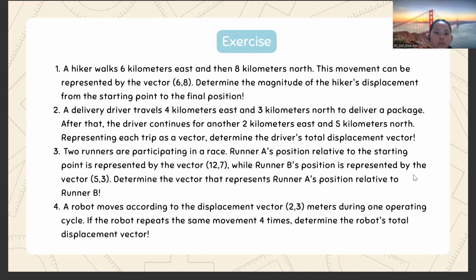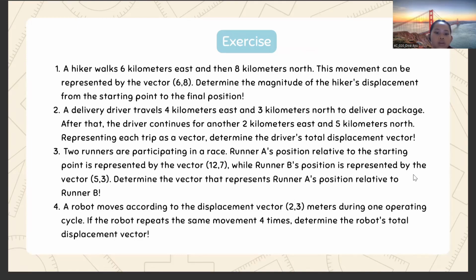Now it's your turn to practice. This exercise will help you apply the concepts we have learned today. The first question asks you to calculate the magnitude of a vector. The second question requires you to determine the total displacement using vector addition.